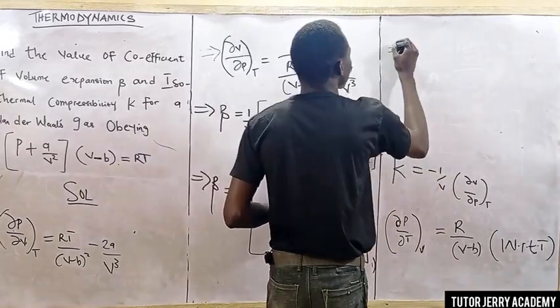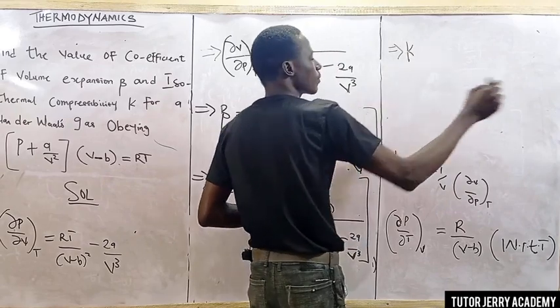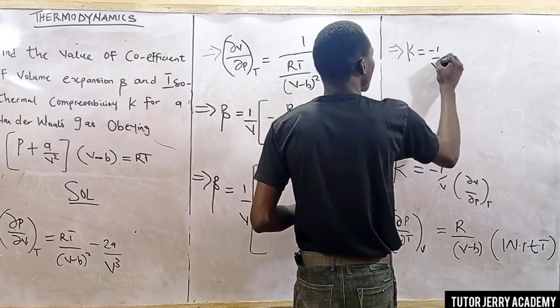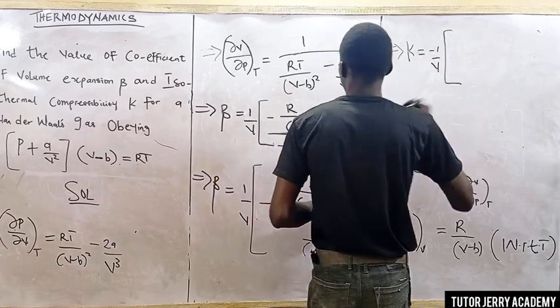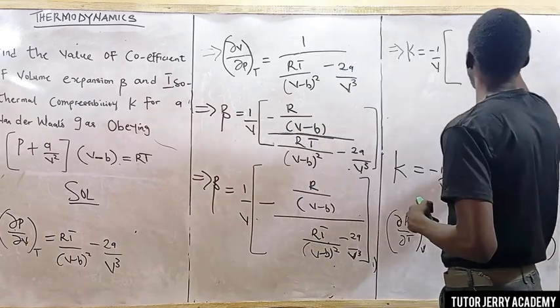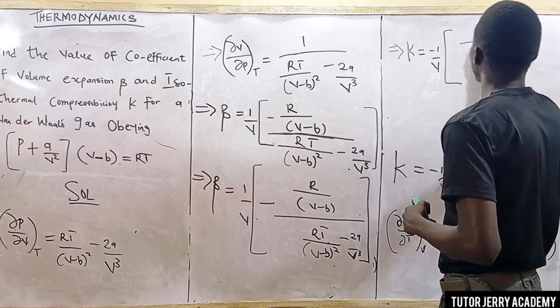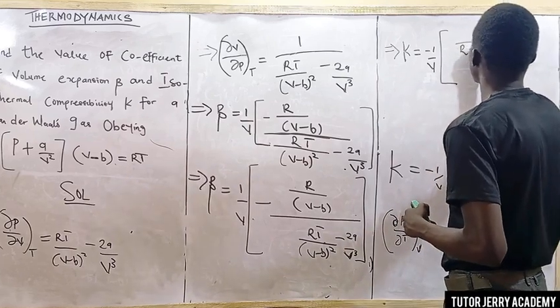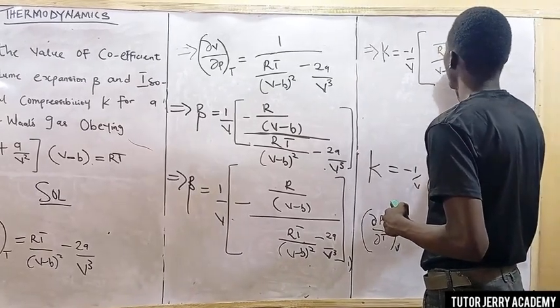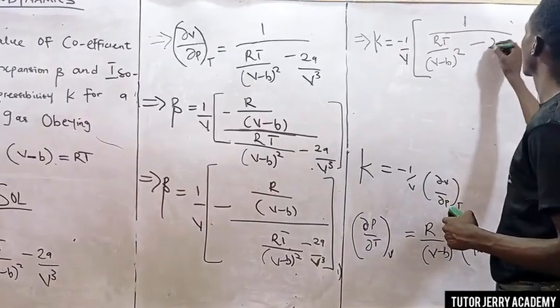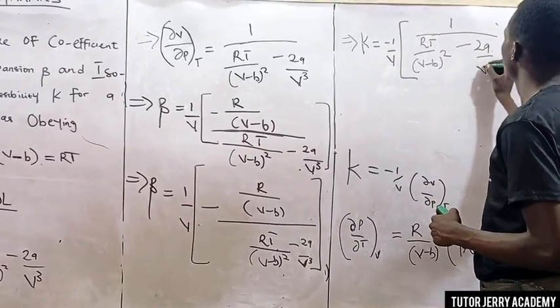So it implies that K, the compressibility factor, will be equal to minus 1 over V times 1 over RT over (V minus b) squared minus 2a over V cubed.